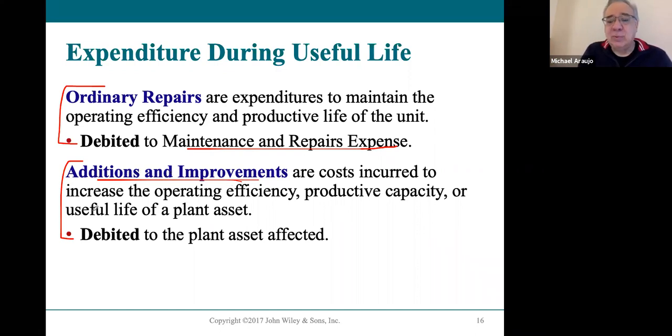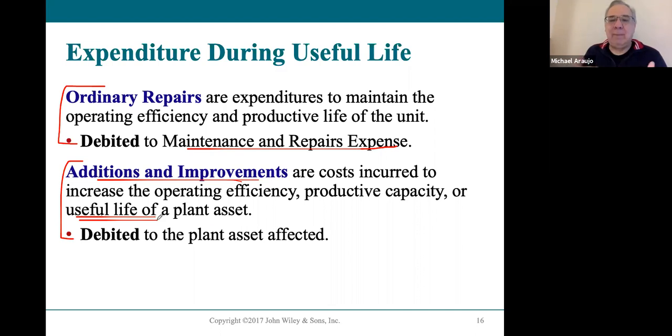It's an addition and improvement because the useful life to the business of that asset has now expanded beyond the original. Because we had overhauled the engine, that truck now has a longer useful life for us.